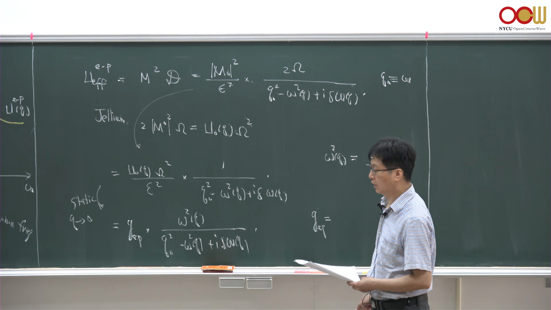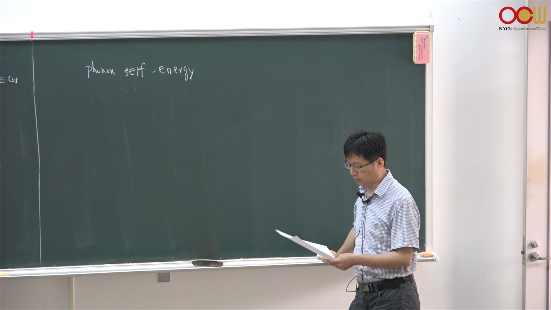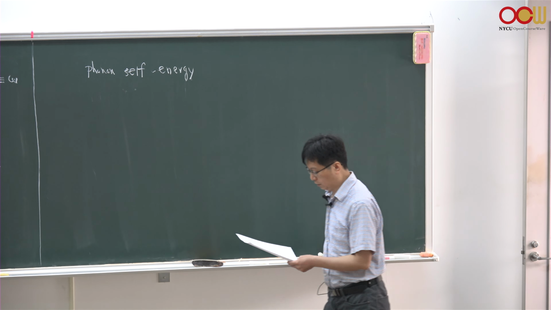But before we go on to describe such an attraction between electrons, let me just make a final remark regarding the phonon self-energy coming from this electron-phonon coupling. Remember, this electron-phonon coupling renormalizes both the electron propagator and also the phonon propagator. So in terms of the phonon propagator, this kind of bubble diagram will renormalize the phonon energy, and as a result you get the phonon self-energy.